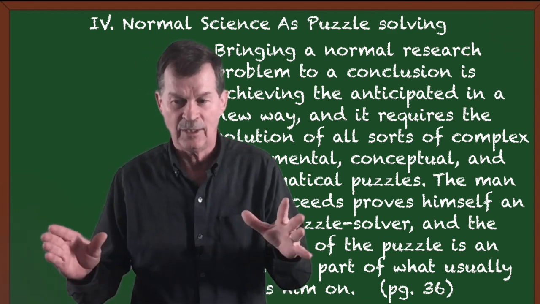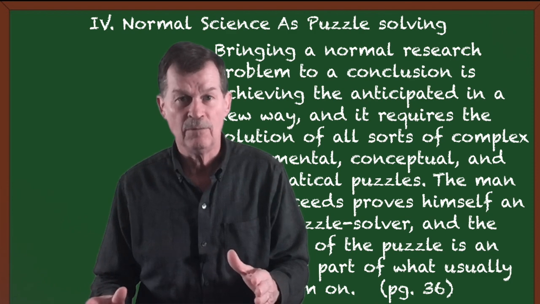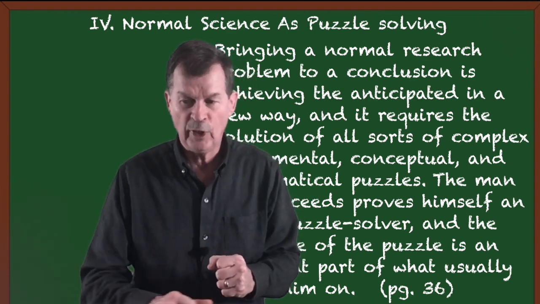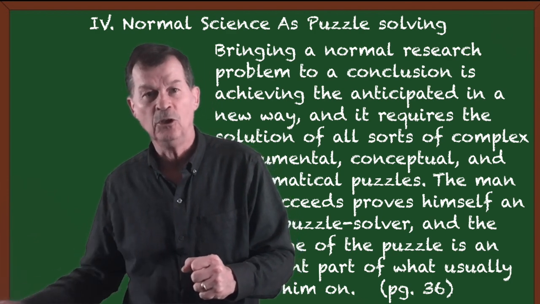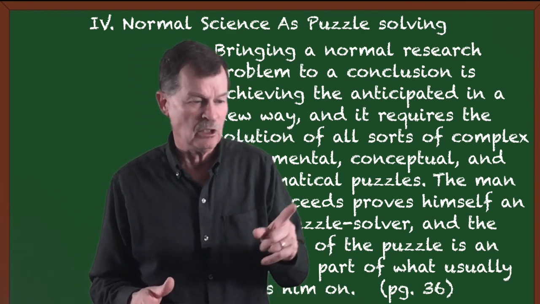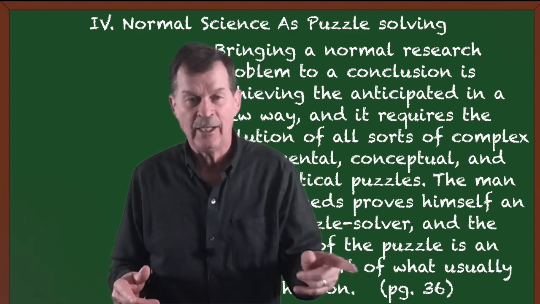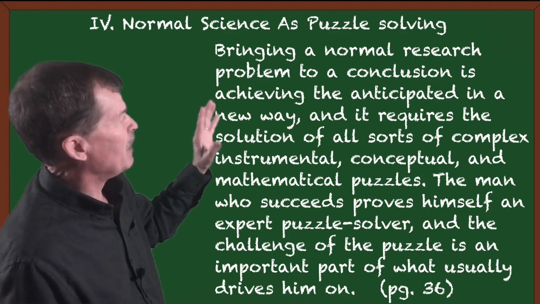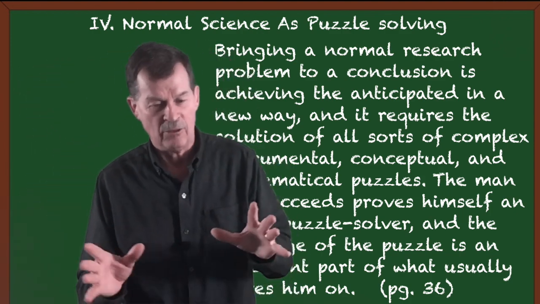of that science community. And if you can take on a puzzle and bring it to its conclusion, then you've had to develop instruments, you've had to develop concepts and mathematical equations, and those are all puzzles.